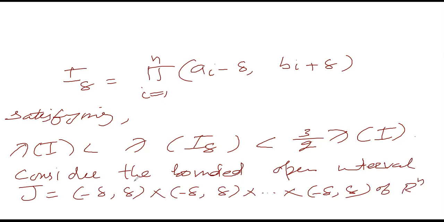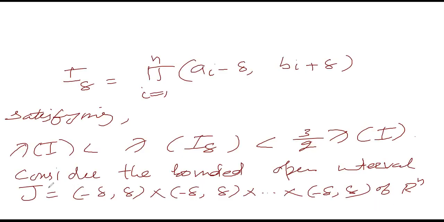This delta is already defined. Now to complete the proof, we show that obviously the 0 vector belongs to J, because 0 is in each factor, so the n-tuple 0 vector belongs to J.